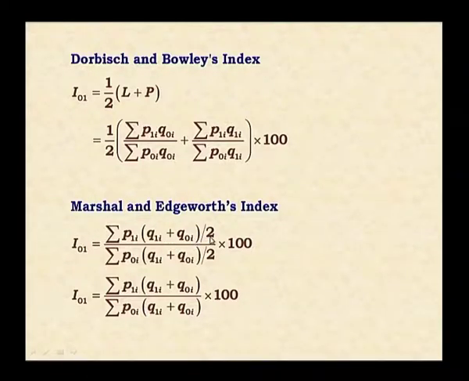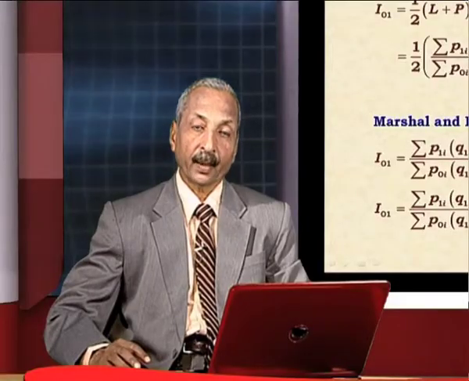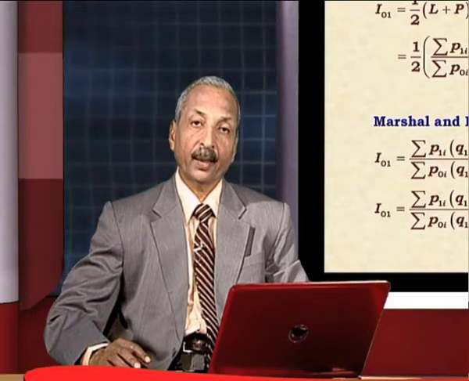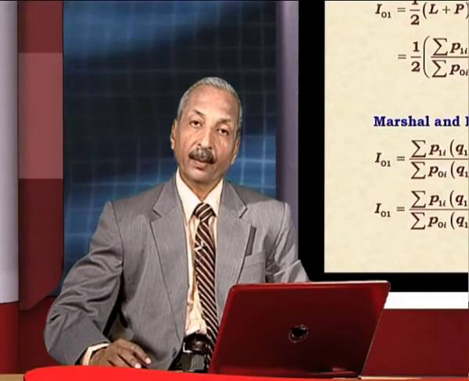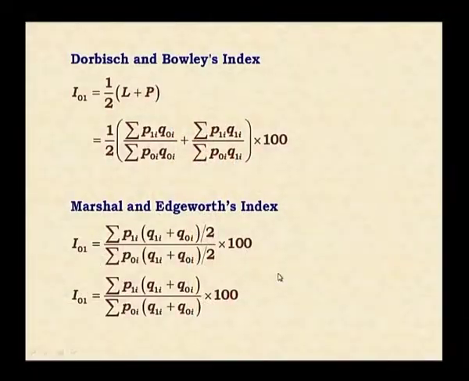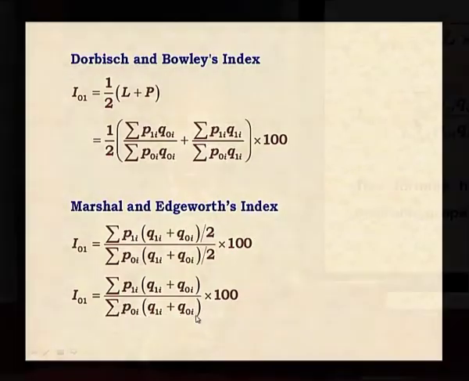That is, if I consider the weighted aggregative index number, that is summation P1i times Wi divided by summation P0i times Wi, the value of Wi is (Q1i plus Q0i) divided by 2, and this formula on simplification gives me I01 is equal to sigma P1i times (Q1i plus Q0i) divided by sigma P0i times (Q1i plus Q0i).